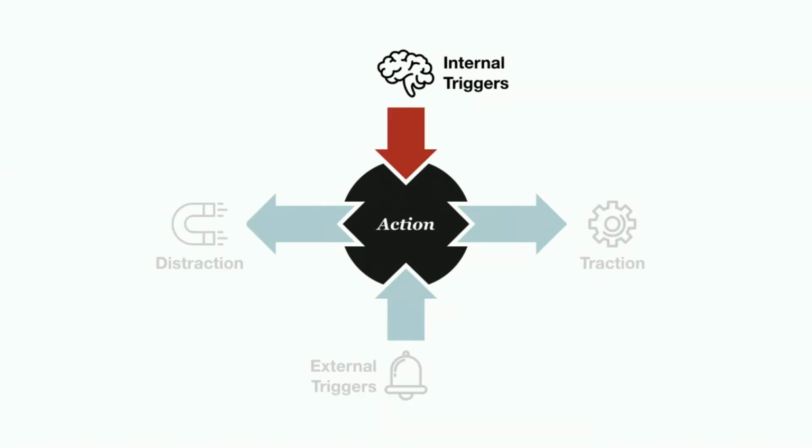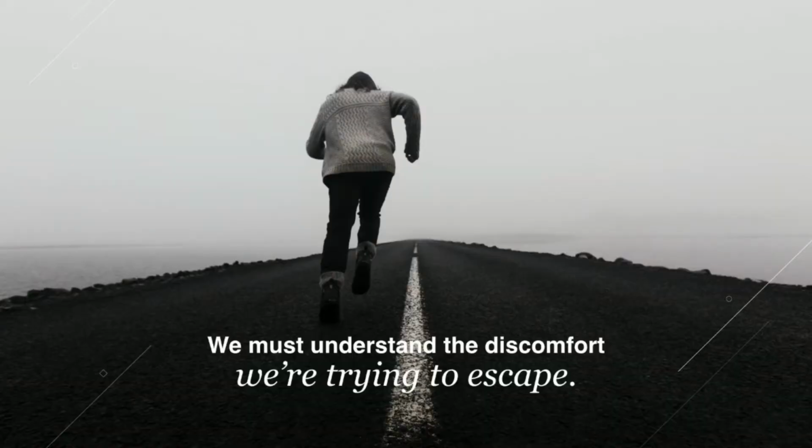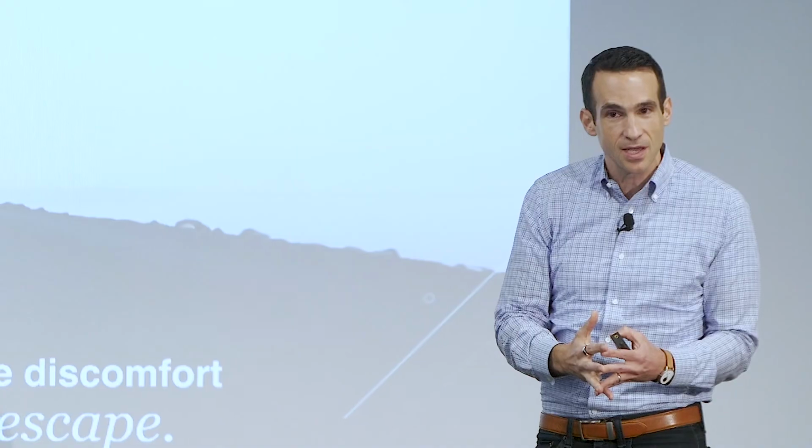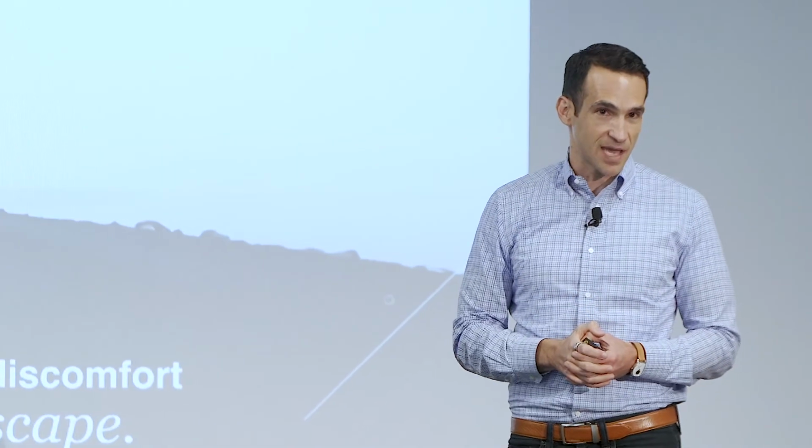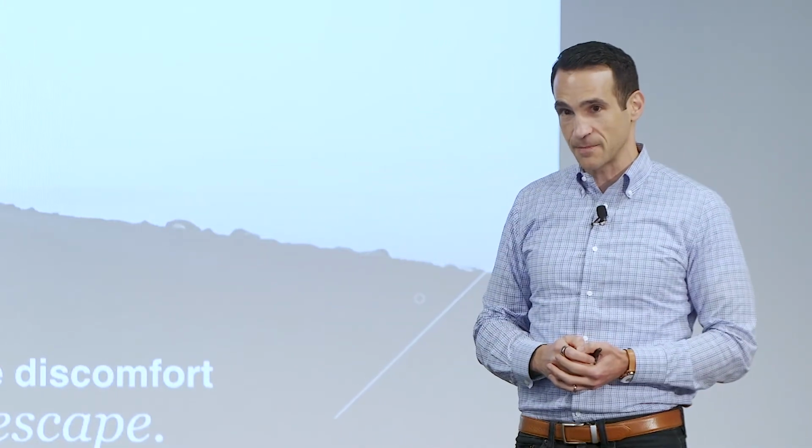So that means if we are going to conquer distraction, what we have to start with is this fundamental truth that our distractions start, like any of our behaviors, with these internal triggers, with these uncomfortable emotional states, and we have to understand the discomfort that we are trying to escape. That fundamentally, if we don't deal with this fact, that all of our distractions originate from these internal triggers, we will always become distracted by something.